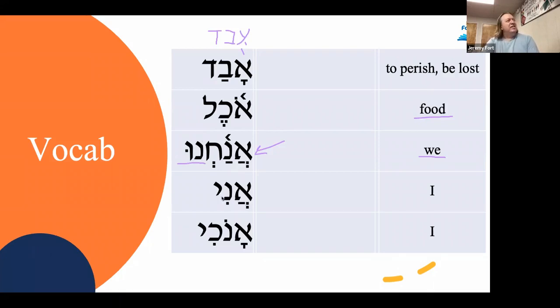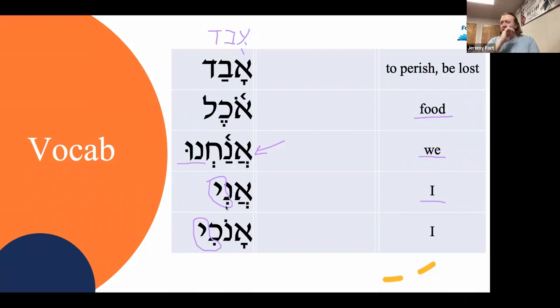And ani, which is just the word for I. And you might see in different forms, anochi, right here. And notice the similarity between the two. Brent, do you remember what the first common singular pronominal suffix is? E. That's right. It's a hireq yod on the end of a word.